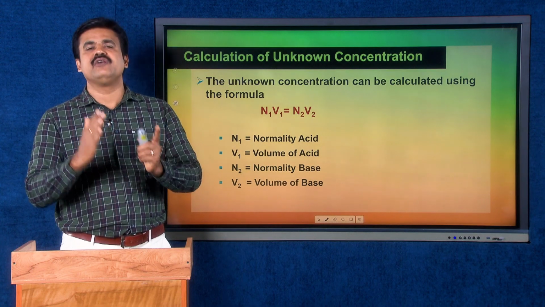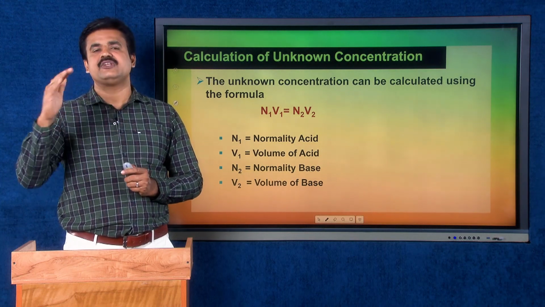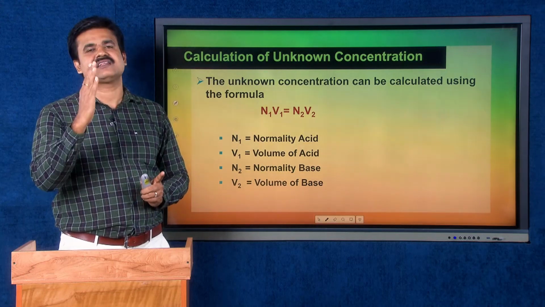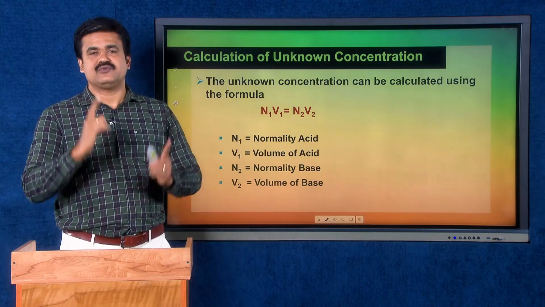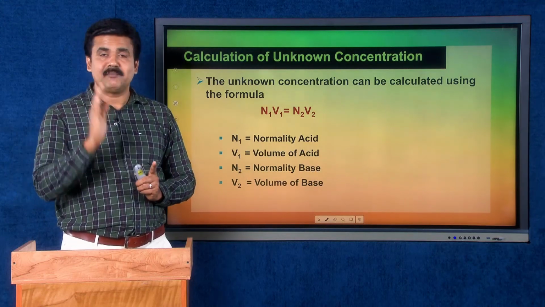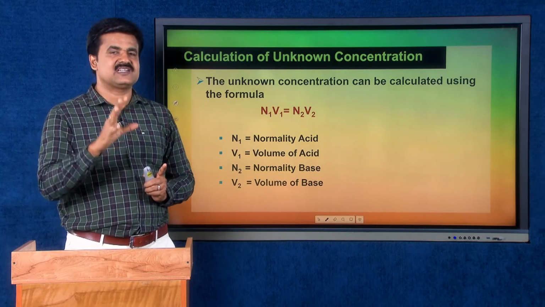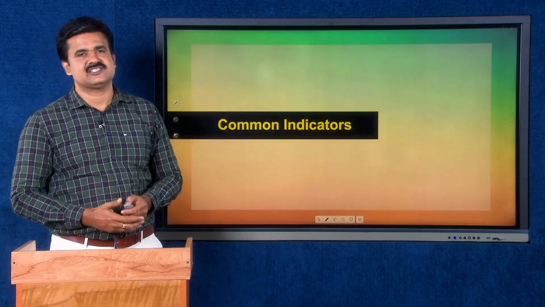So, N1V1 equal to N2V2, where 1 represents acid and 2 represents base. From this formula itself, it is very clear that the number of milliequivalents of acid should be the same as the number of milliequivalents of base. This is very, very important as far as the basic principle of acidimetry and alkalimetry is concerned.